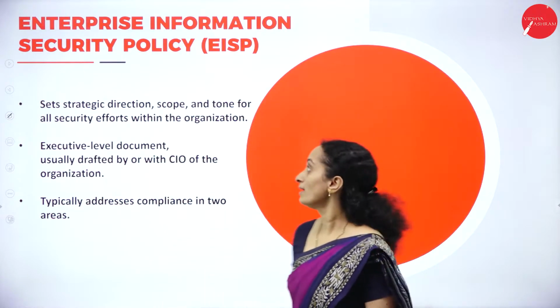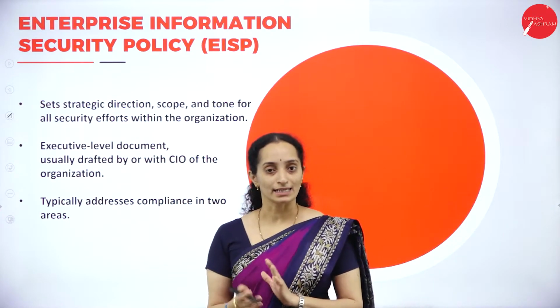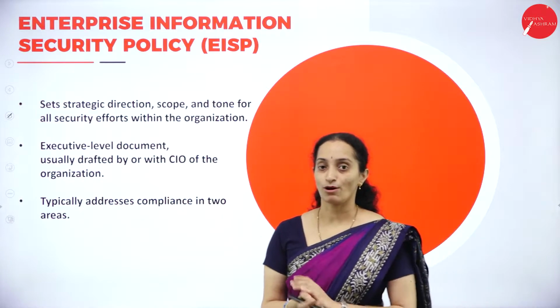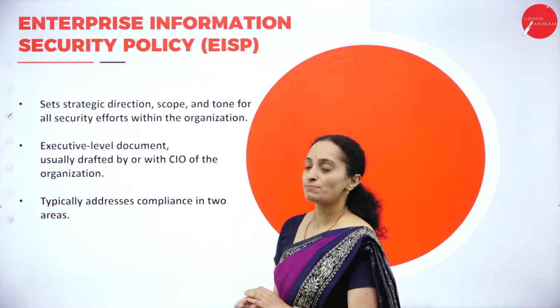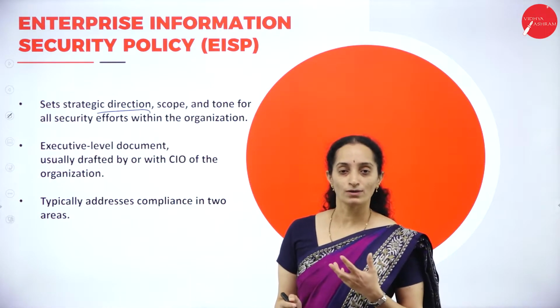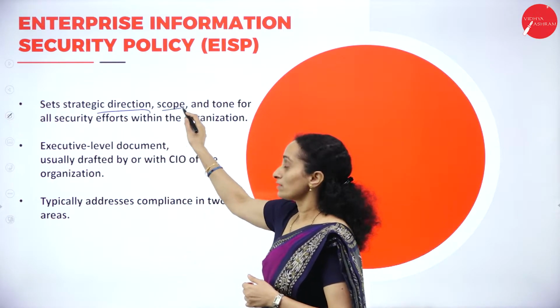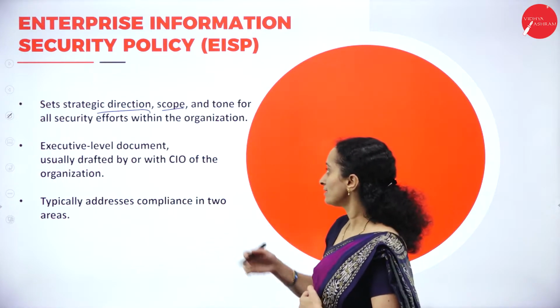These are the policies needed for building a security model for an entire enterprise or organization. This policy sets the strategic direction. How must the security model be built? What are the scopes of these security models that can be built?